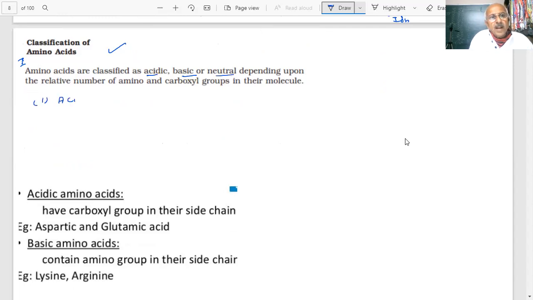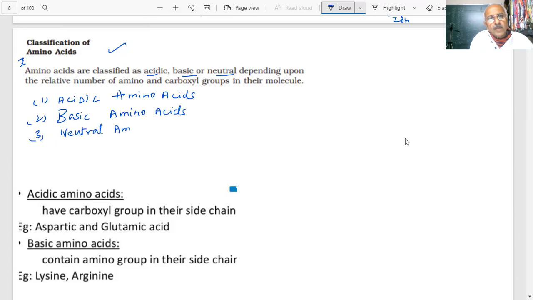I can have acidic amino acids, I can have basic amino acids, and third, I can have neutral amino acids.